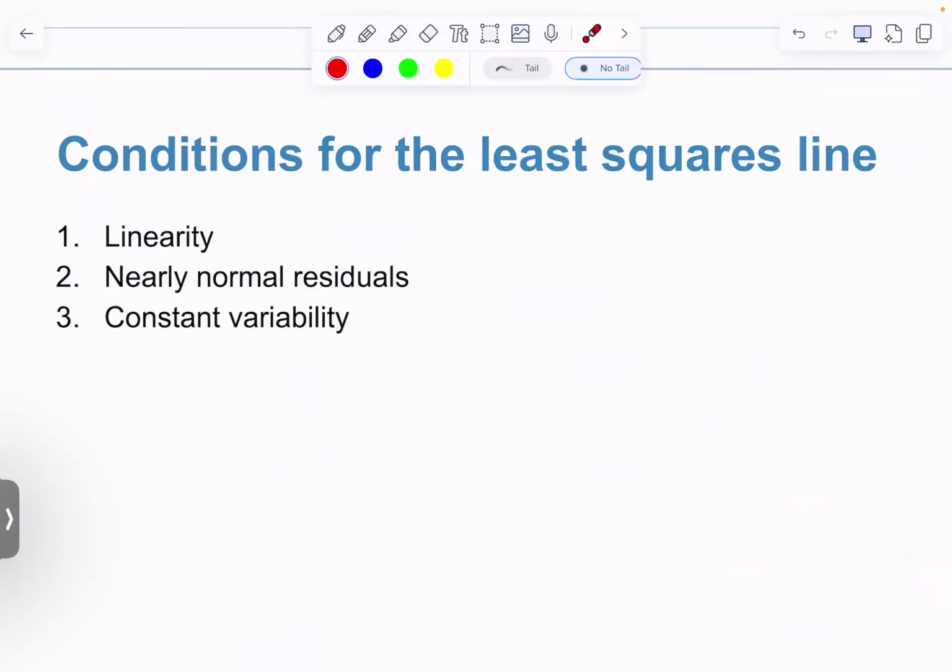The conditions for the least squares line, there's only 3 of them. The first condition is, of course, linearity.